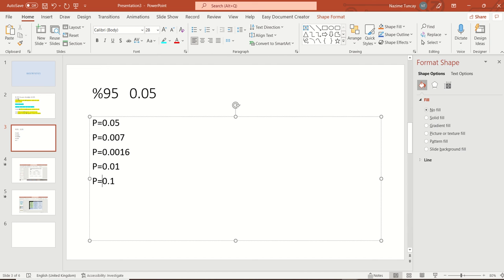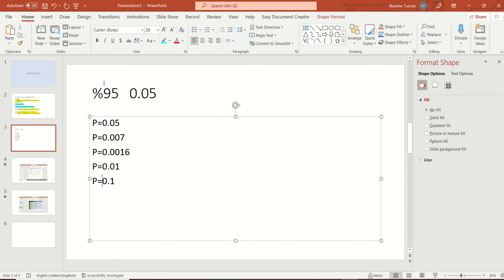So you will have such questions in your exam. I am going to give you p-values and ask, is there a significant difference according to this p-value? How can you understand that? I'm going to say you only consider the 95 confidence interval. If I say 95 confidence interval, you check with 0.05.